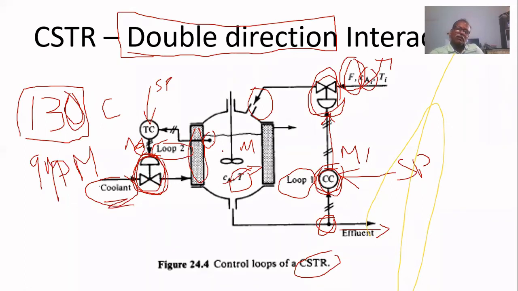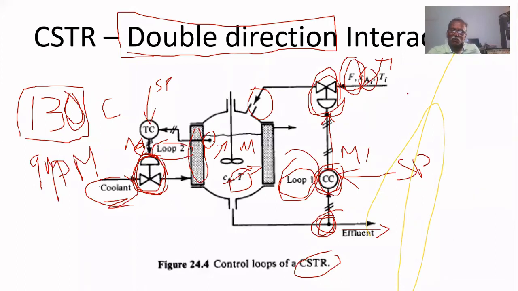Then what will happen? The temperature deviated, so it regulates. But because of the change in temperature, again the composition changes. Similarly, let us assume there is no change in composition. This is one-way interaction. If loop 1, the composition controller, makes any change, then temperature changes, which we have noticed.